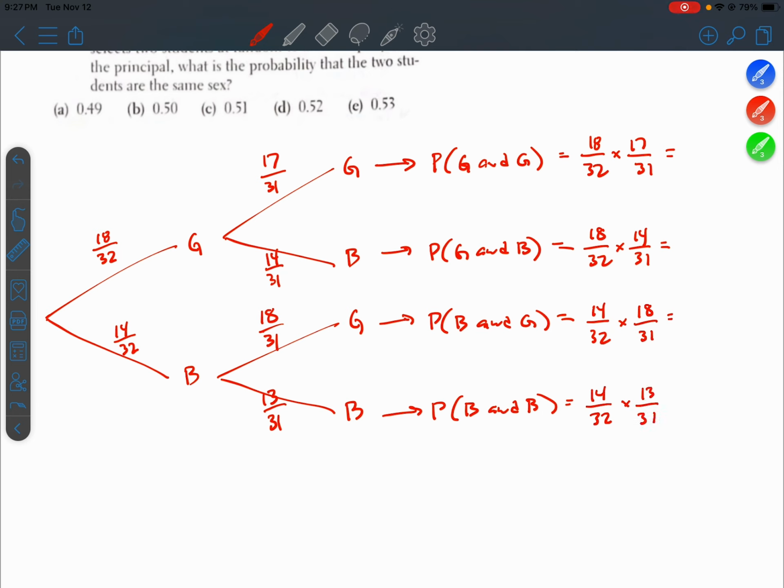All right. Okay, so I think we can go ahead and write the answers as decimals. So this is about 0.308. The next one, 18 over 32 times 14 over 31, that's 0.254.